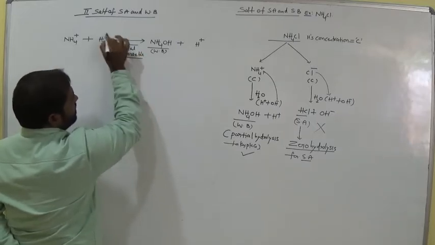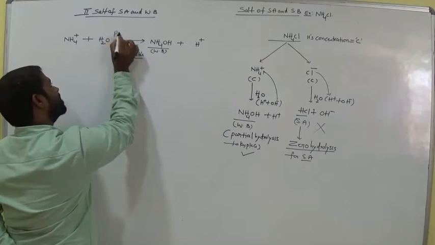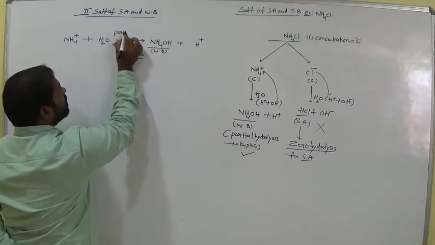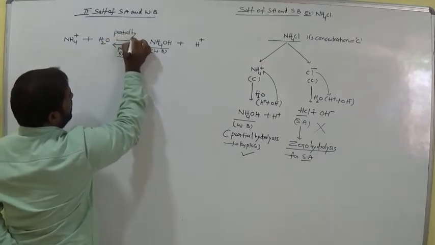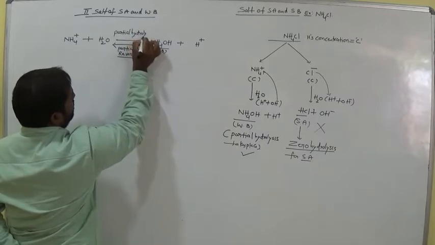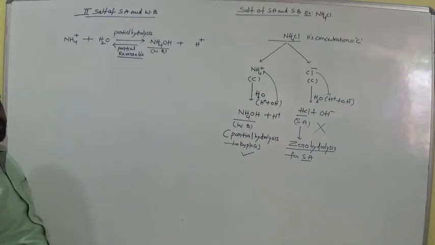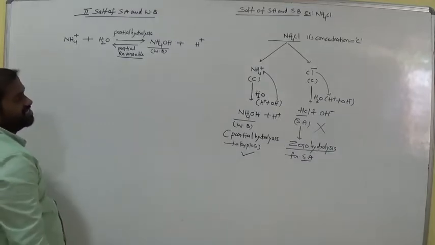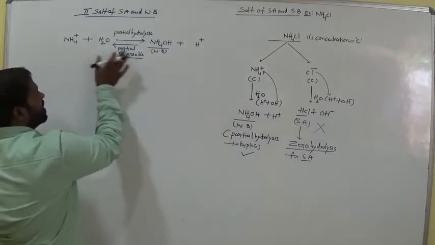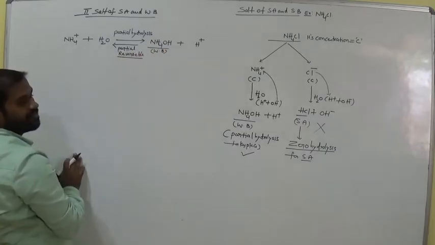In the forward direction, it is partial hydrolysis. Clear, all of you? NH4 plus H2O, with partial hydrolysis, gives NH4OH and H plus. Okay? It is not a strong base, it is a weak base.